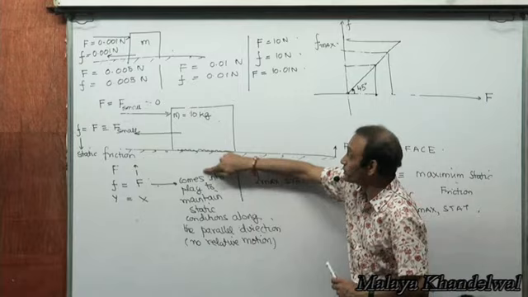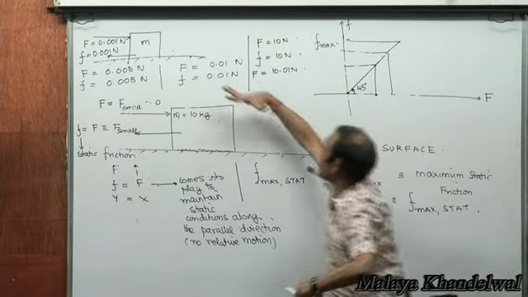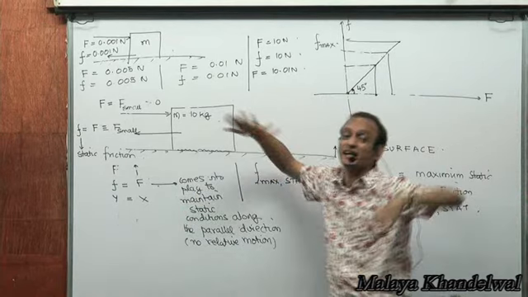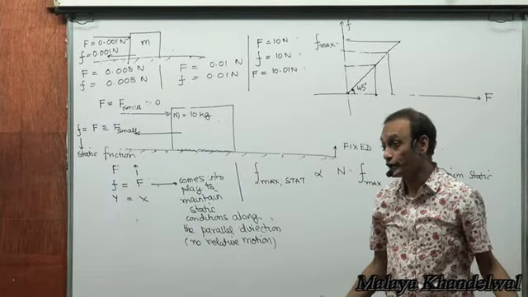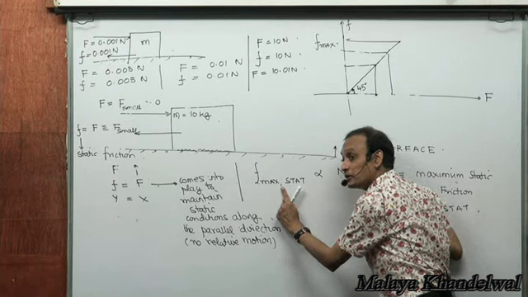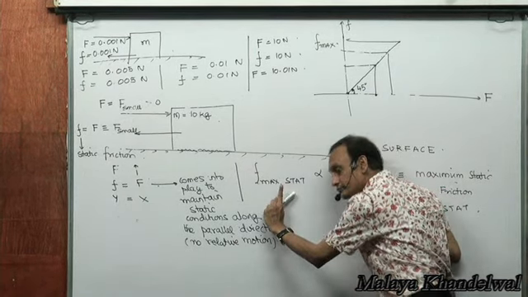See, the normal reaction between two surfaces is a variable entity. I can change that. I can press this surface harder against this surface and cause the normal reaction between the two surfaces to grow, right? So, if I double n, then maximum static friction will get doubled. If I halve n, then maximum static friction will get halved, right?